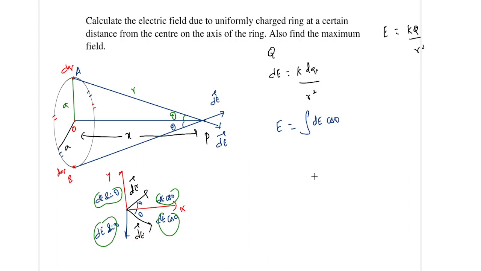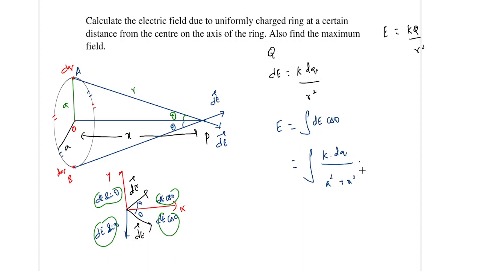This is what is given here. It is equal to dE, which is k dq by r square, into cos theta. If you use Pythagoras theorem, r square is equal to a square plus x square.